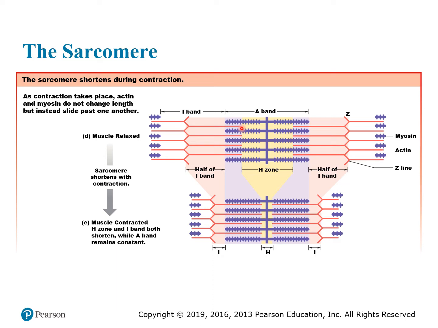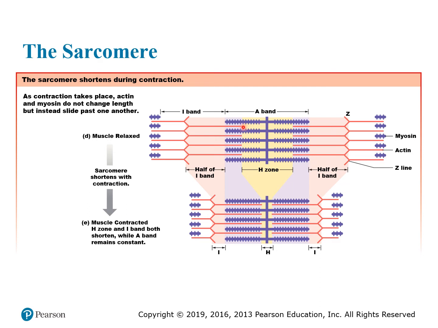When you start contracting your muscle, we go through something known as the sliding filament theory. And why is it called sliding? Because check it out, the actin filaments are actually going to start sliding towards the M line, or towards that H zone.